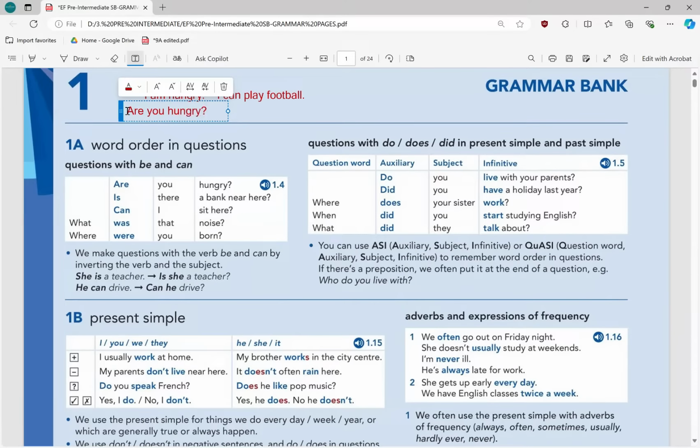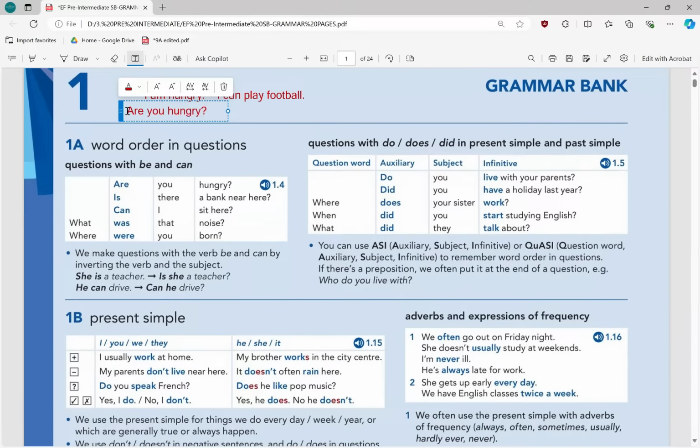Can I sit here? And obviously the question words, WH questions, all the time we will put at the very beginning if I want to use them. Even in the second section, look, you're going to put the question words first. And then because we have got infinitives here, look, live, have, work, start, talk, they are infinitives. Or we can also say verb one, that means the first form of a verb.